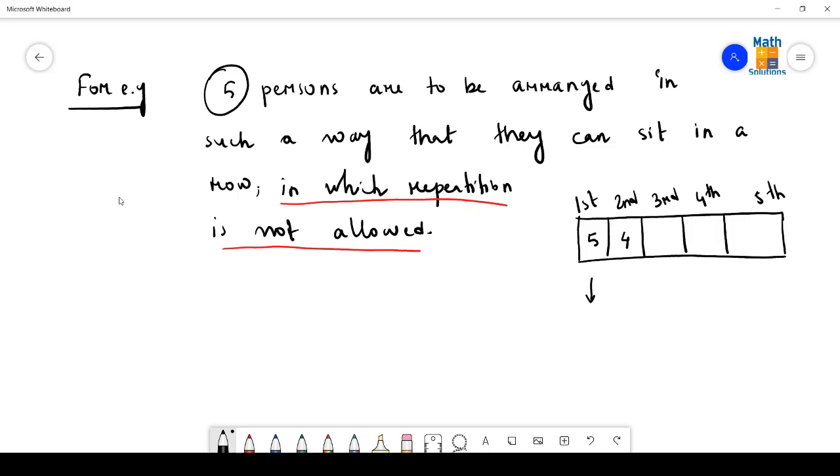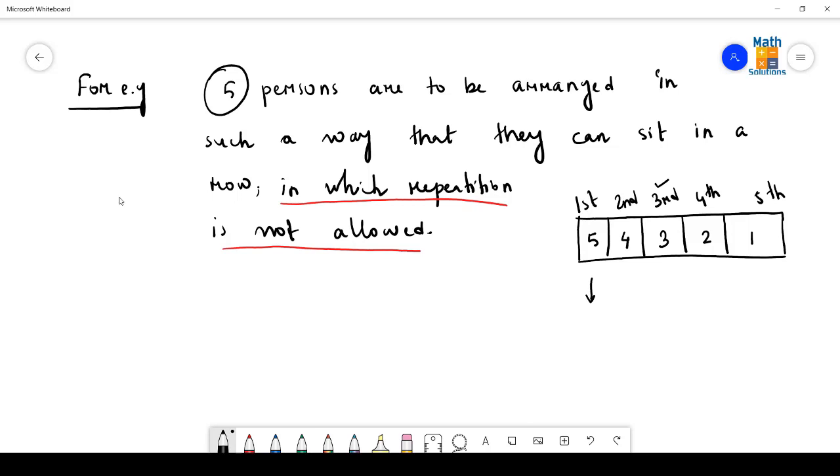Similarly, for the third place, 3 persons are remaining, any one of them can sit here, so there are 3 possible ways. For the fourth place there are 2 options left, and for the last place there is of course 1 option.